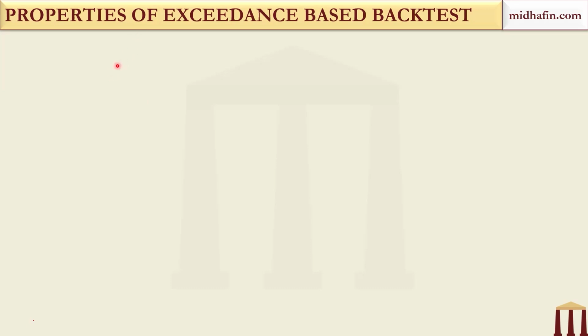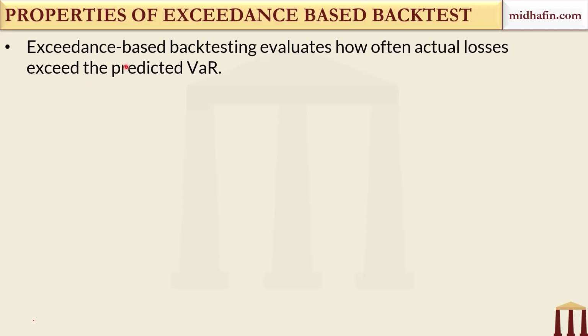So we start with the core idea, as I said: exceedance based backtesting. It checks how many times the actual losses exceed the model's predicted value at risk, or VAR. Let's say a 95% VAR. In theory, you will expect the losses to exceed the VAR value about 5% of the time, and that is what we call unconditional coverage.